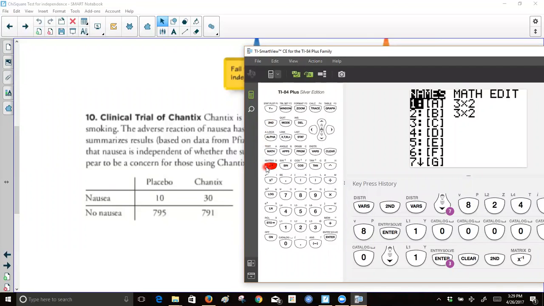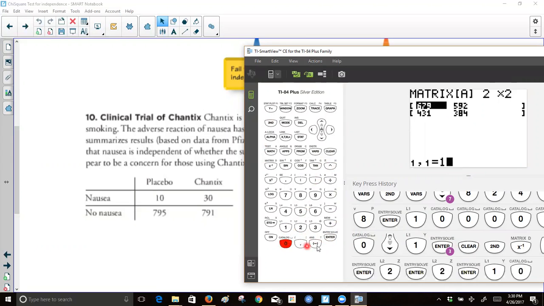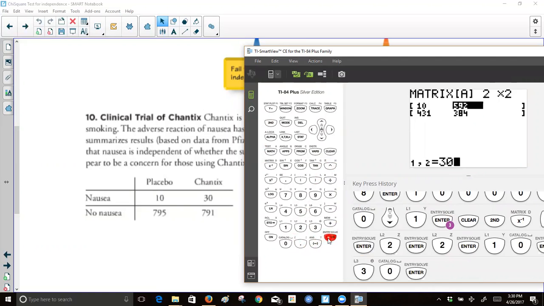So I did second matrix, and then we want to come over to edit. Press enter. We've got a 2 by 2 matrix we're entering, right? 2 rows, 2 columns.